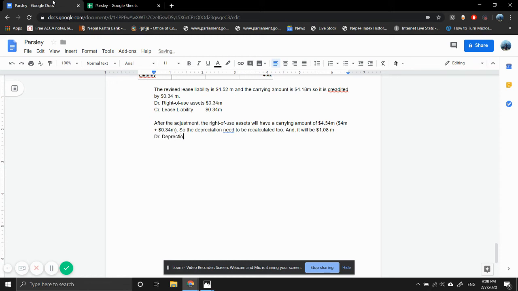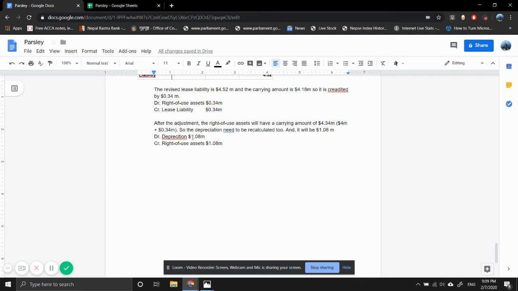Debit depreciation $1.08 million, credit right of use assets $1.08 million, right?